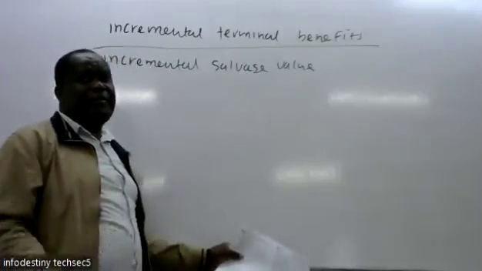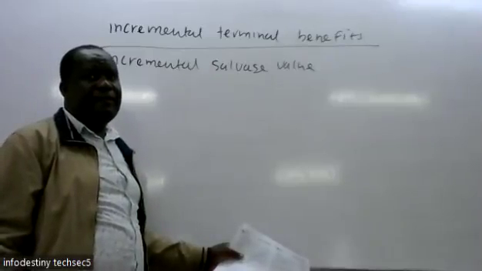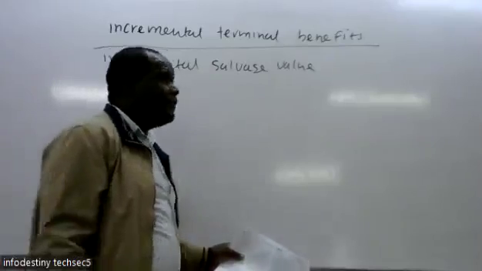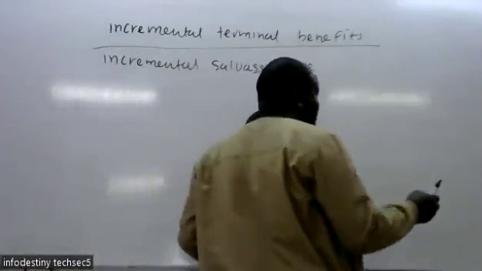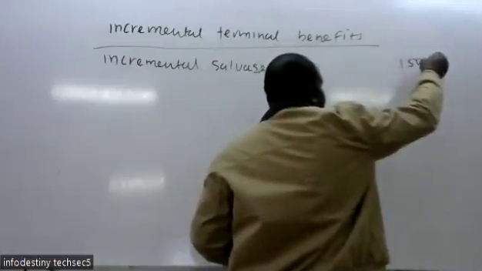How much was the incremental salvage value? So, 150,000. Yes, it was 250 minus 100.